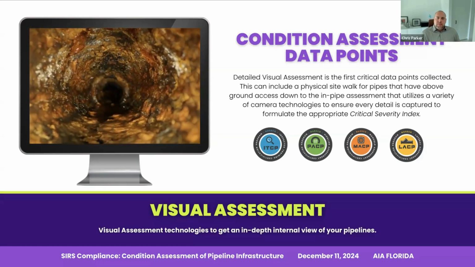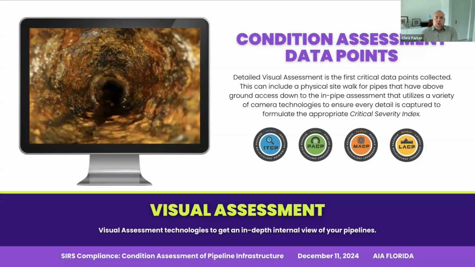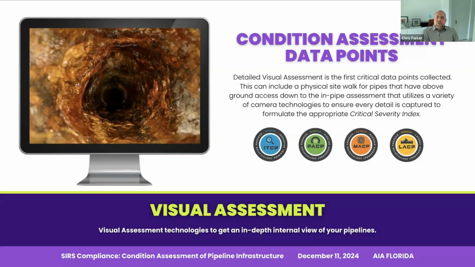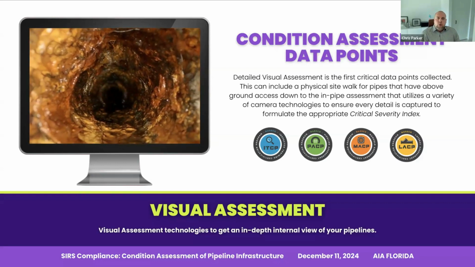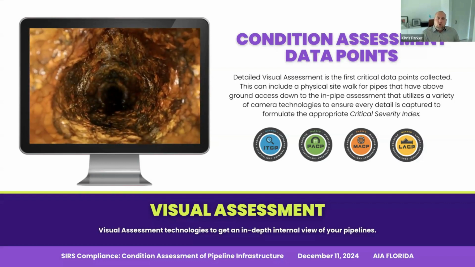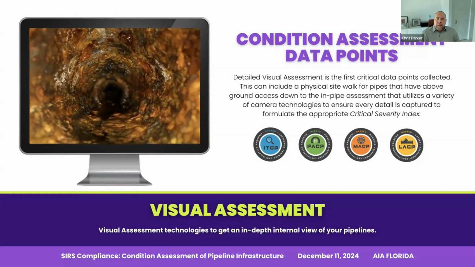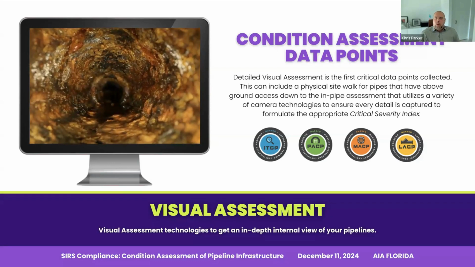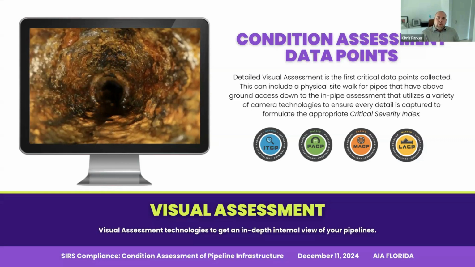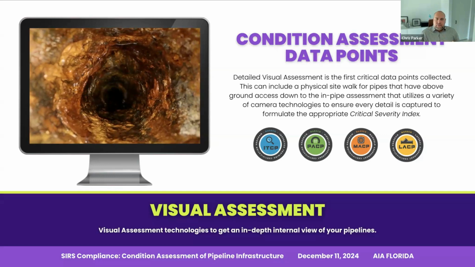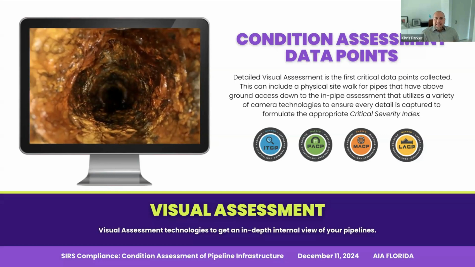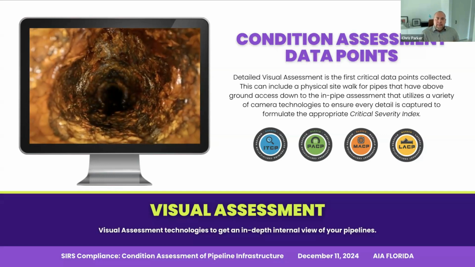The technicians that are actually performing the work within these communities, in association with an architect, in association with an engineer, we want to make sure that these technicians hold the necessary qualifications. Anybody can take a camera, open a manhole, open a clean out, and put a camera in there, but making sure that the inspection process is facilitated in the correct way to get the right data points is essential.